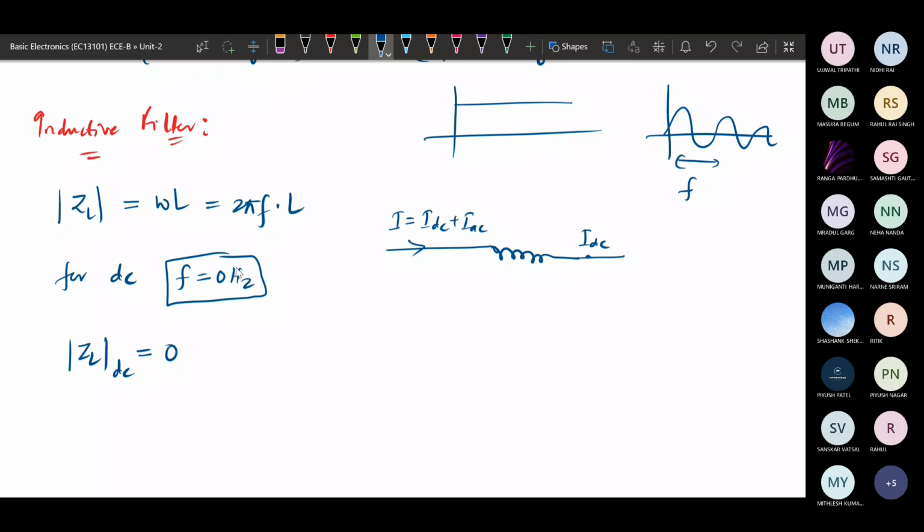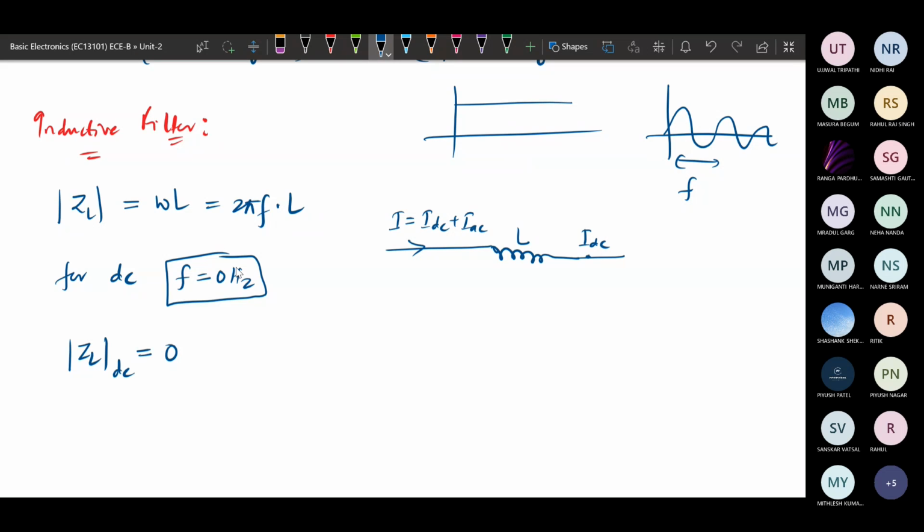So only DC will be passed. And if the resistance offered by the inductor is very high, such that it stops the flow of the AC component, at the output we will get only the DC component.